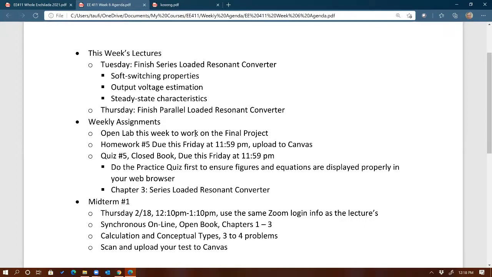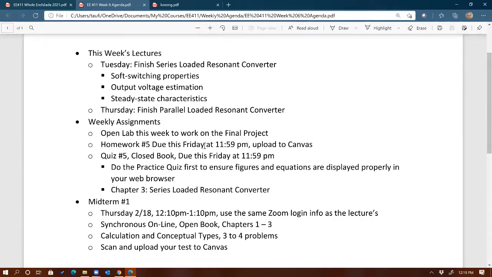This week's lab sessions, you can work with your team to start your final project, and then ask questions during the lab sessions. That way, hopefully everybody can progress in time, to be able to finish in time for the final project. So please still attend the lab session this week and use the time to start your final project.